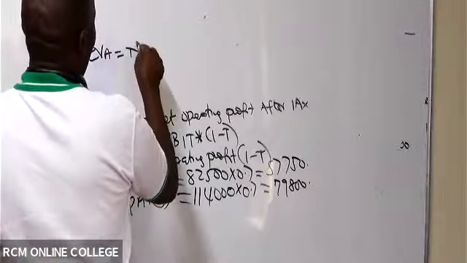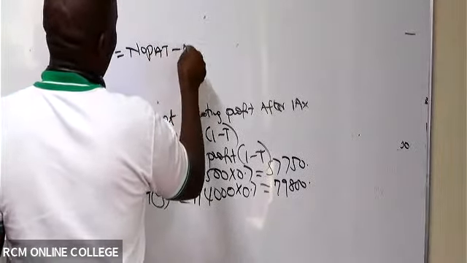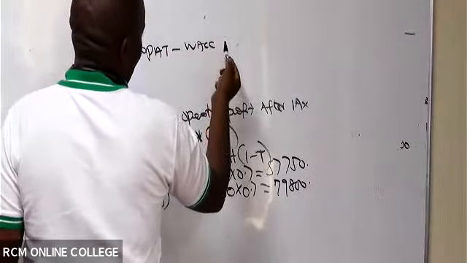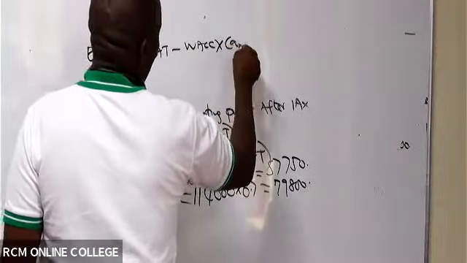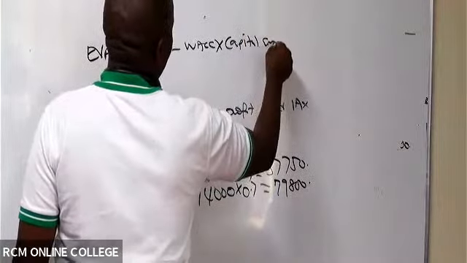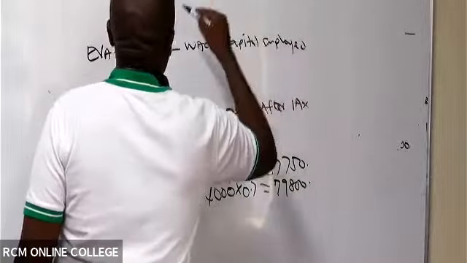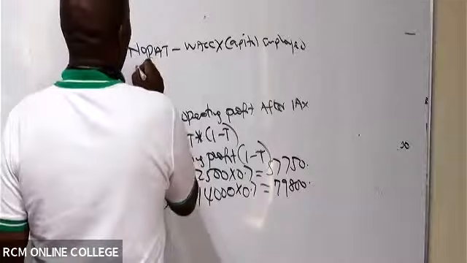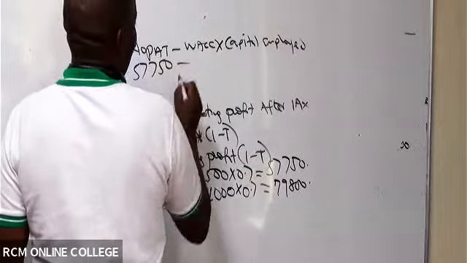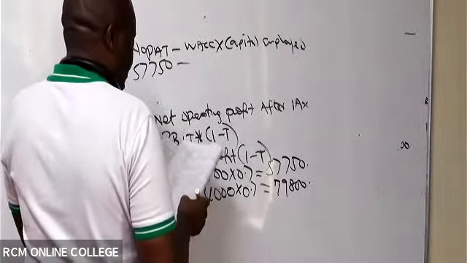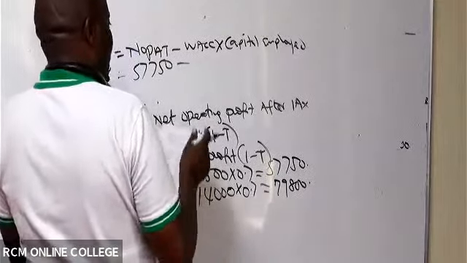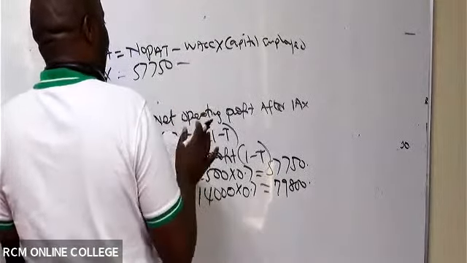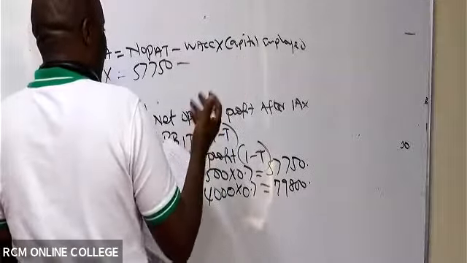The EVA formula, of course, we know is NOPAT minus WACC, if it is there, times capital employed. For X, NOPAT is 57,750. We don't have WACC here, but sometimes they give us cost of equity and cost of debt and tell us to compute WACC.